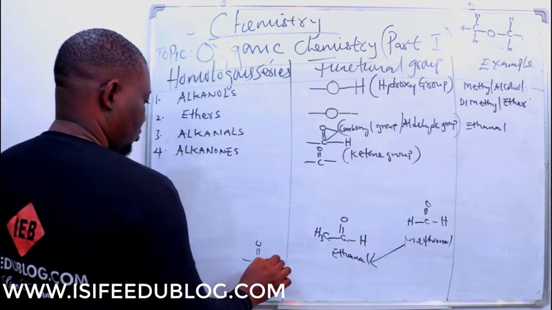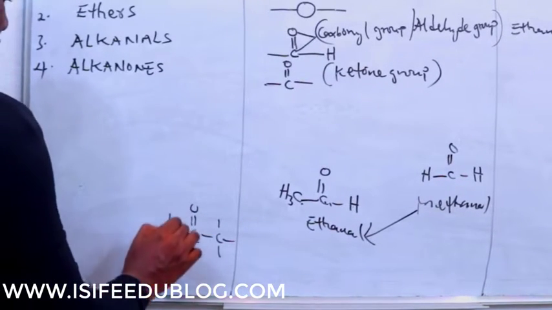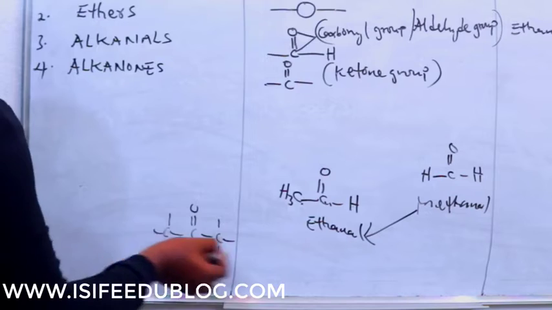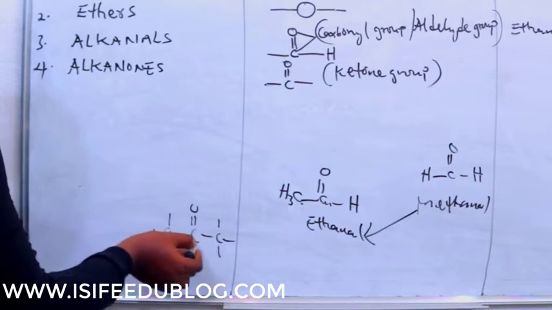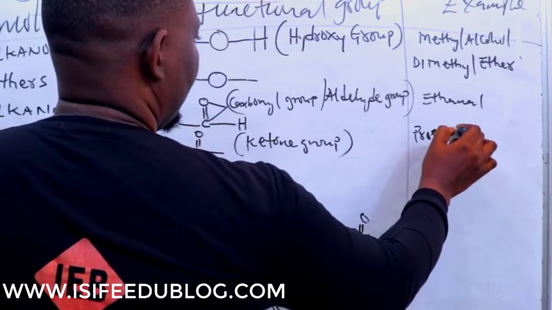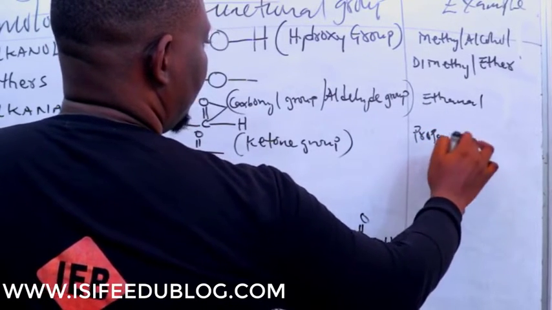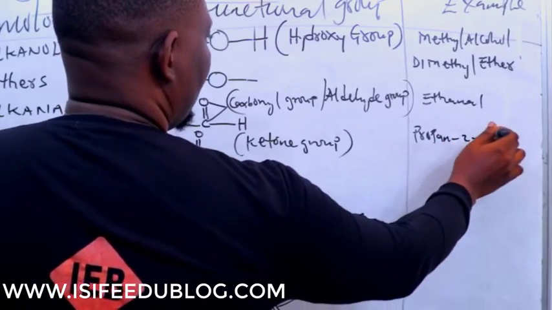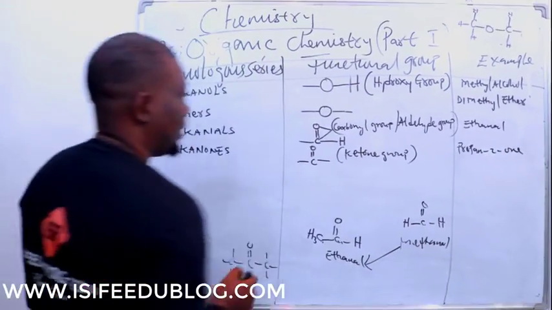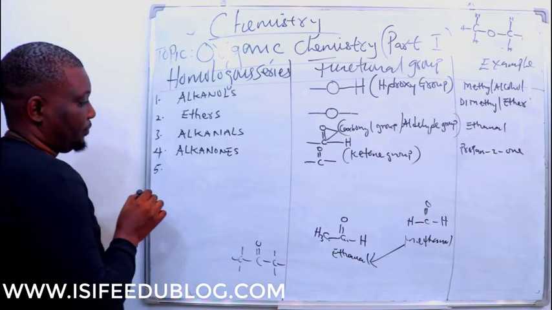Here I can have carbon forming a link, so you can have 1, 2, 3: propan-2-one will be there. Good example.